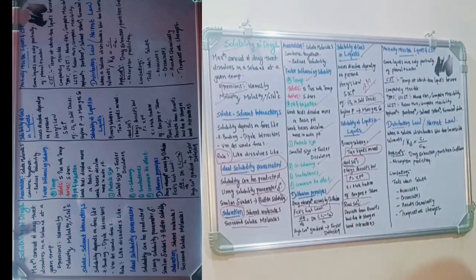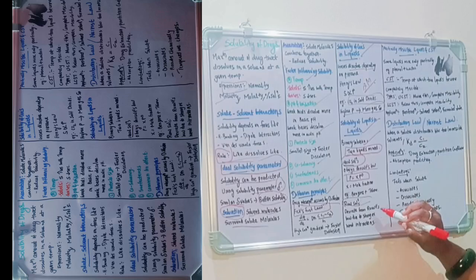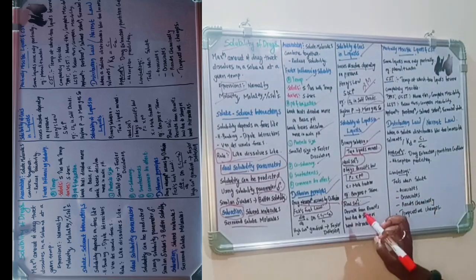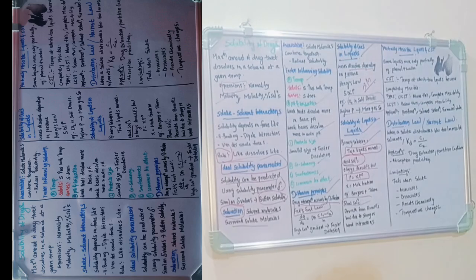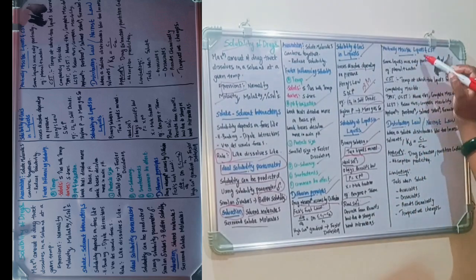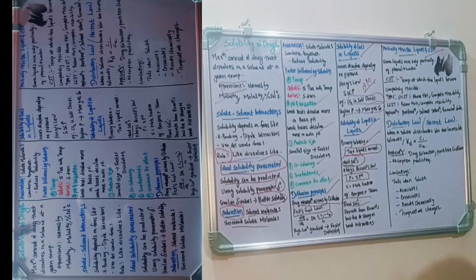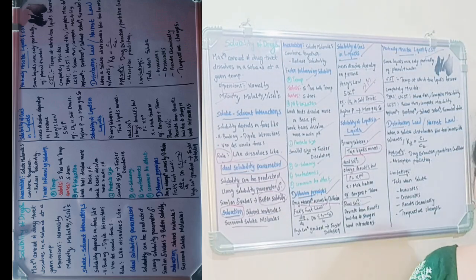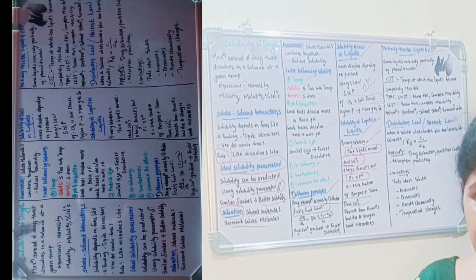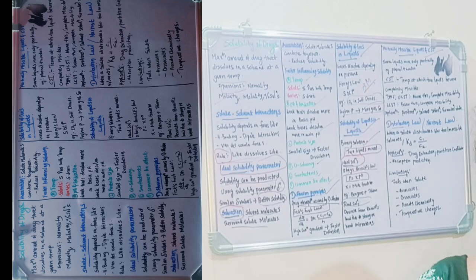Next come real solutions. They deviate from Raoult's law due to strong or weak interactions present. Next comes partially miscible liquids and critical solution temperature. We have completely miscible liquids, partially miscible liquids, and immiscible liquids.